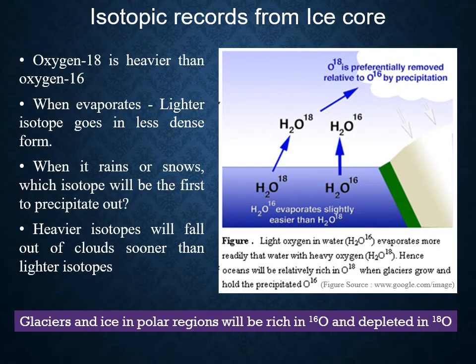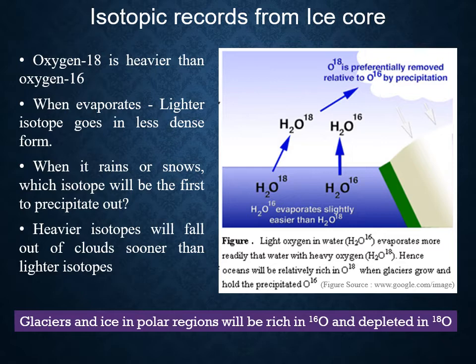Apart from these records, we can also go for isotopic study from the ice cores. Now, as we know that a water molecule is made up of two atoms of hydrogen and one oxygen. If we study oxygen and hydrogen separately, we can also get an idea about the climatic condition.